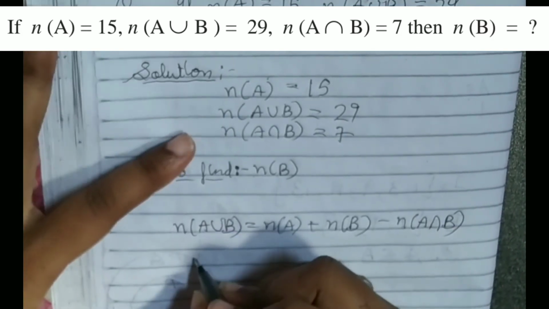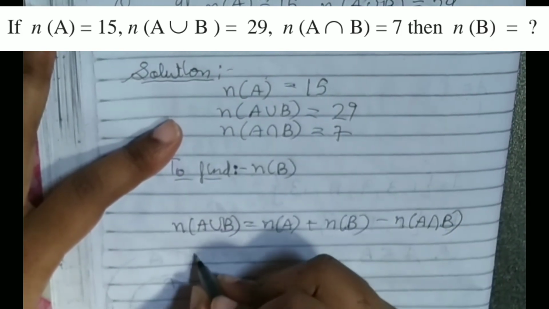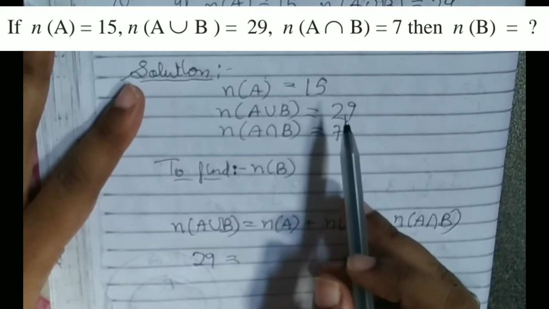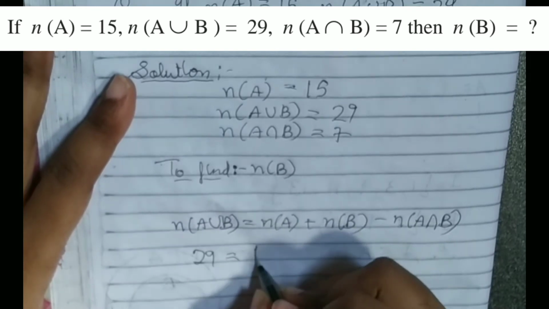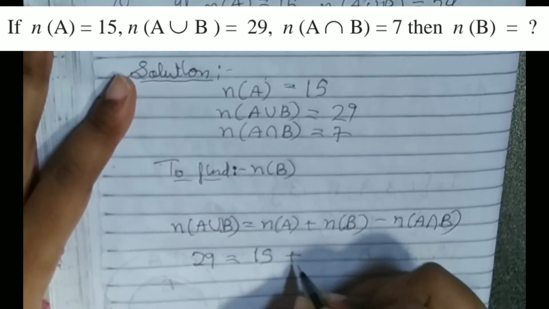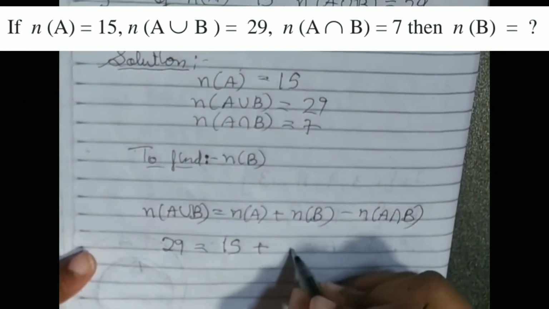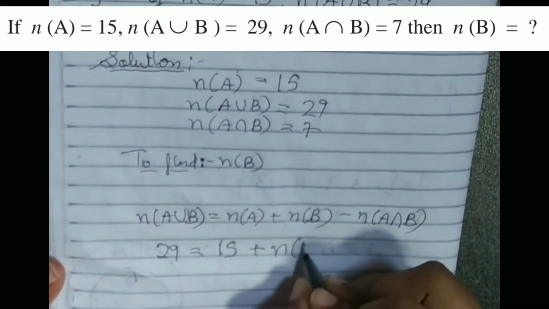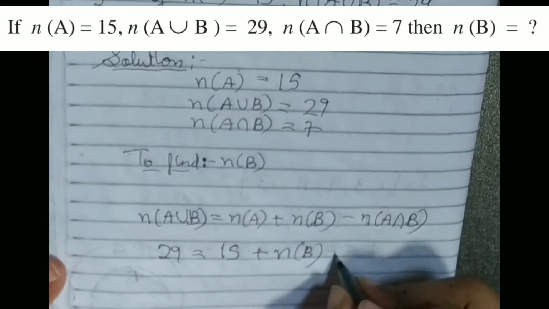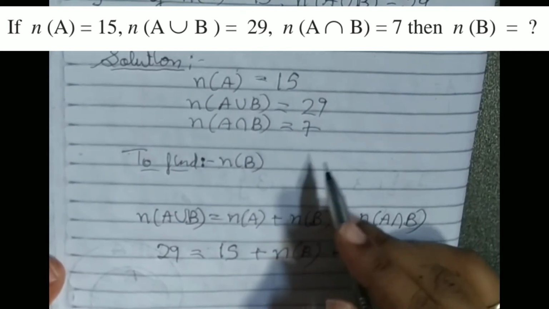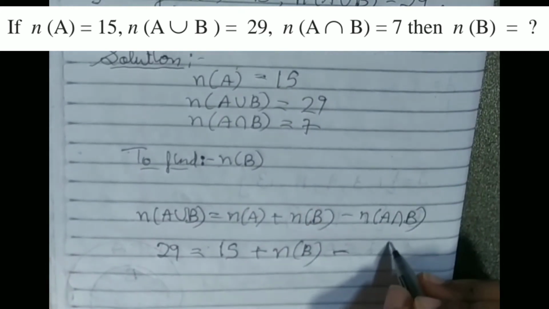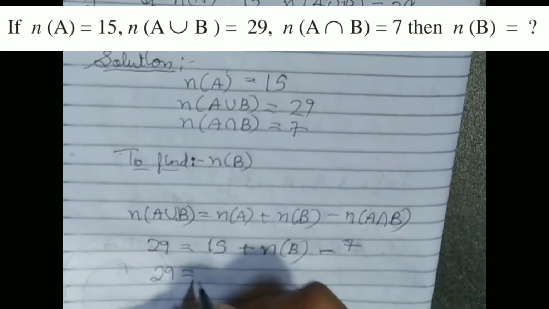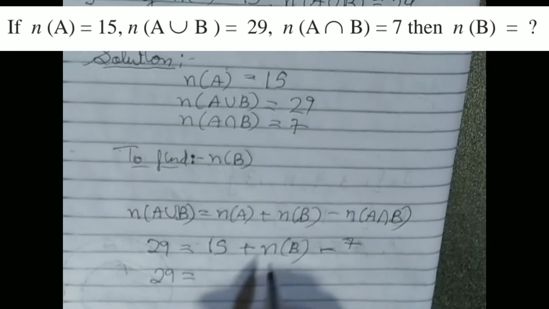So what will we get? The number of elements in A union B is equal to 29, equal to the number of elements in A, 15, plus the number of elements in B. It is not given, so we will keep it as it is, minus the number of elements in A intersection B, which is 7. Now we will solve this. 29 equals 15 minus 7, which is 8.